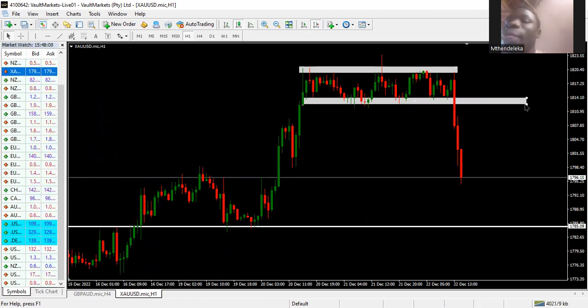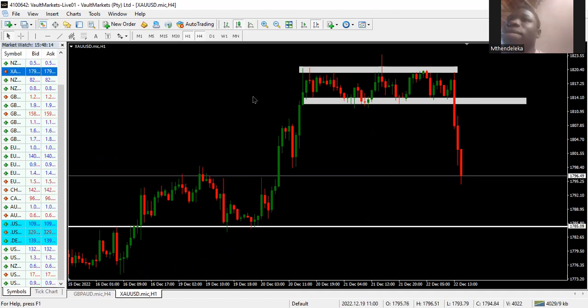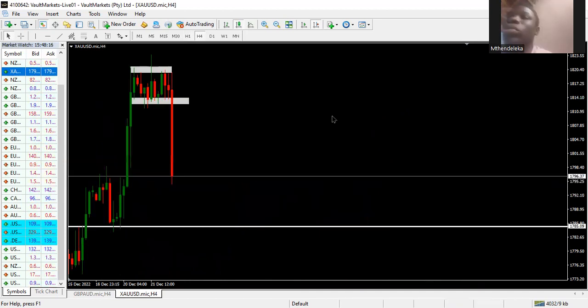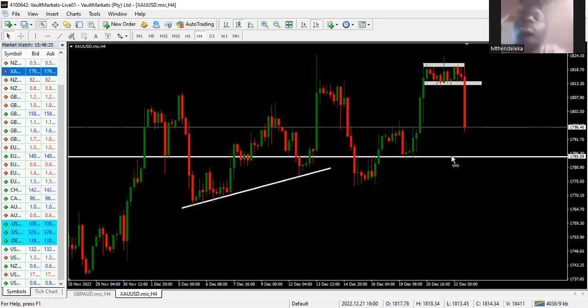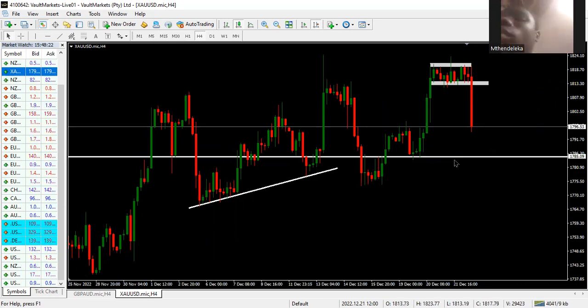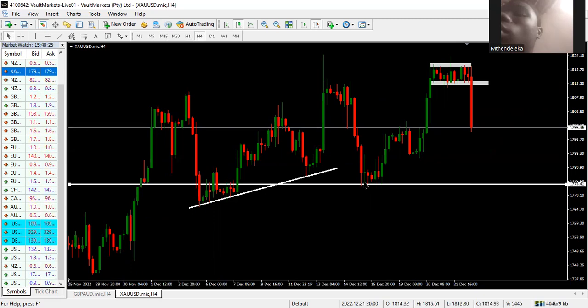To this level. And then it will turn until it reaches, let me go to H4, until it reached this level.